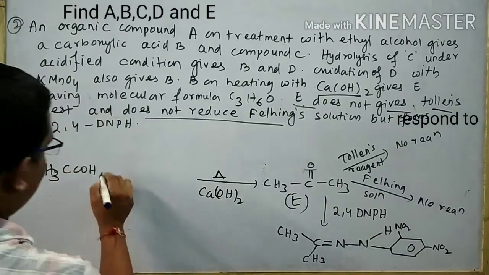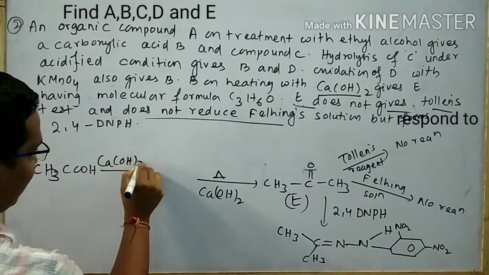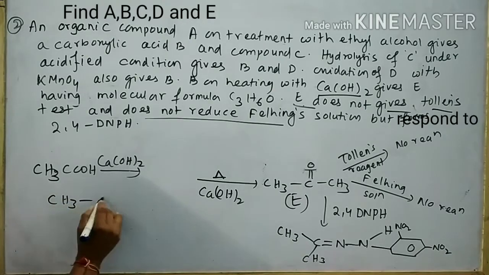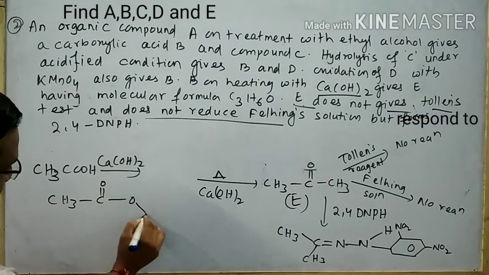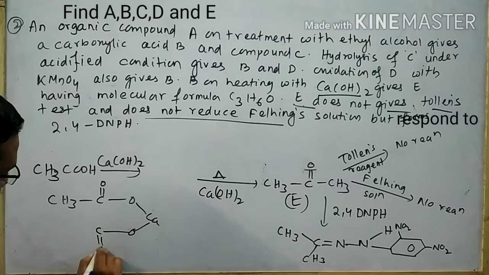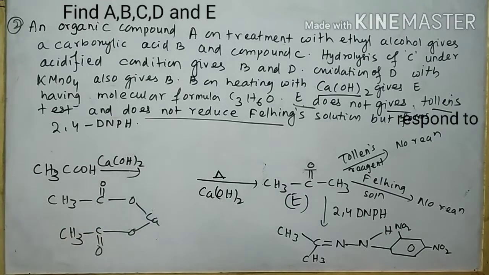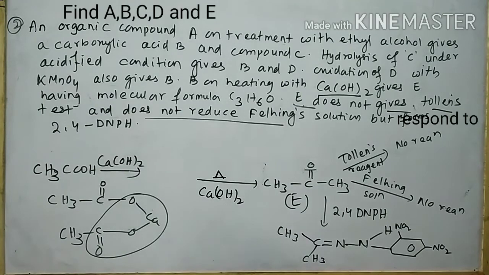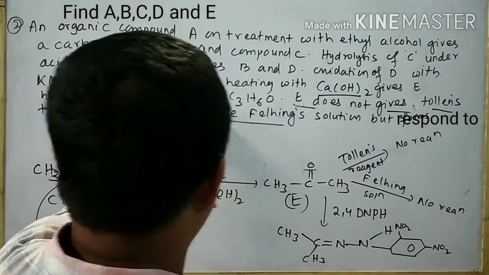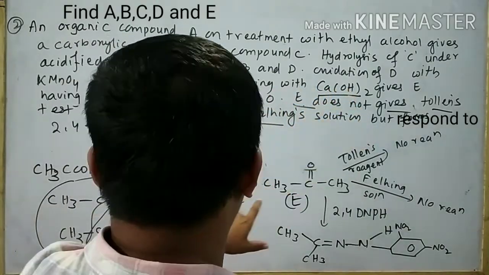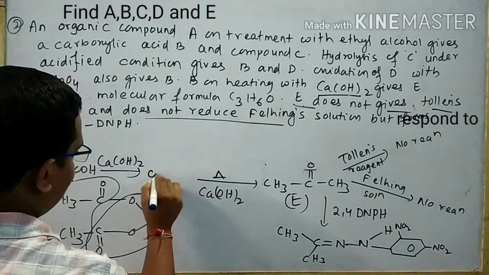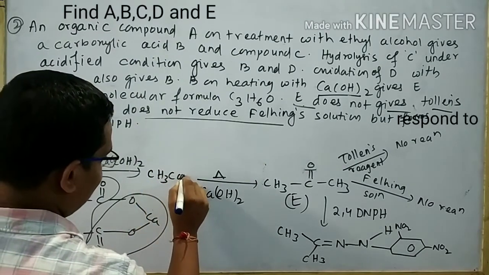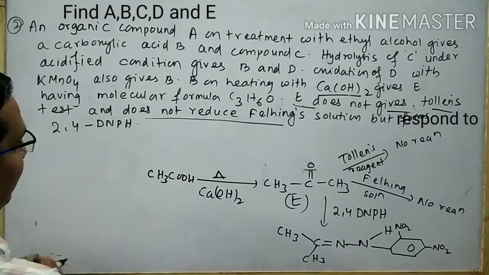When subjected to reaction with calcium hydroxide, it gives the calcium salt of acetic acid. When the calcium salt of acetic acid undergoes heating, it loses one molecule of calcium carbonate and gives acetone. So B is acetic acid, CH3COOH.